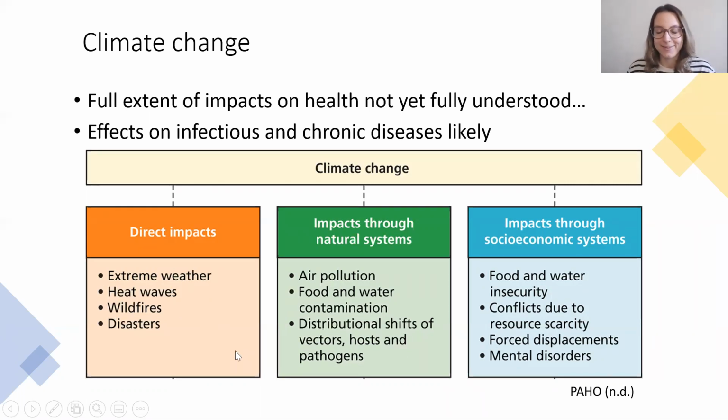Scientists are also really interested in how warming temperatures might overall impact the levels of pollen from plants and vegetation, and how that might trigger more allergic responses in populations. So there's many, many ways that climate change as well can impact chronic disease prevalence, not just transmission of infectious pathogens.